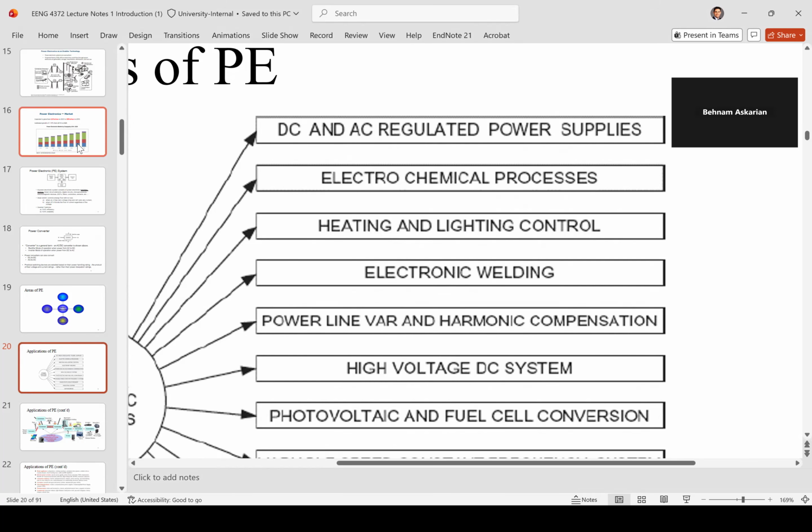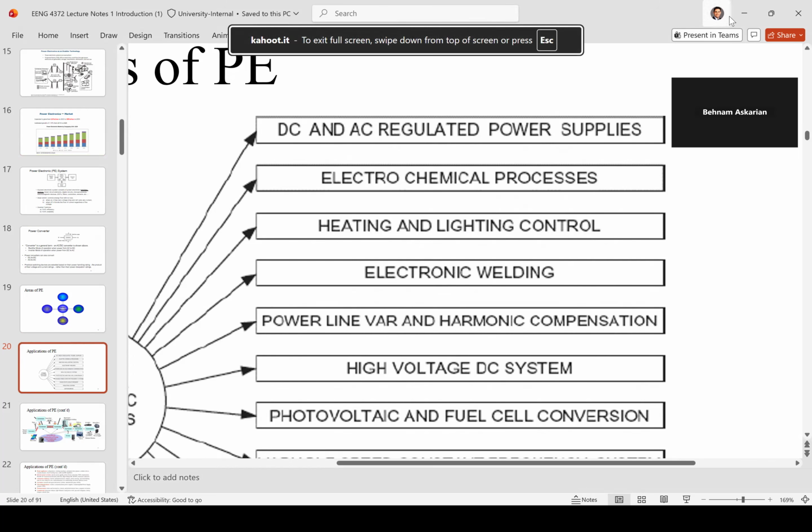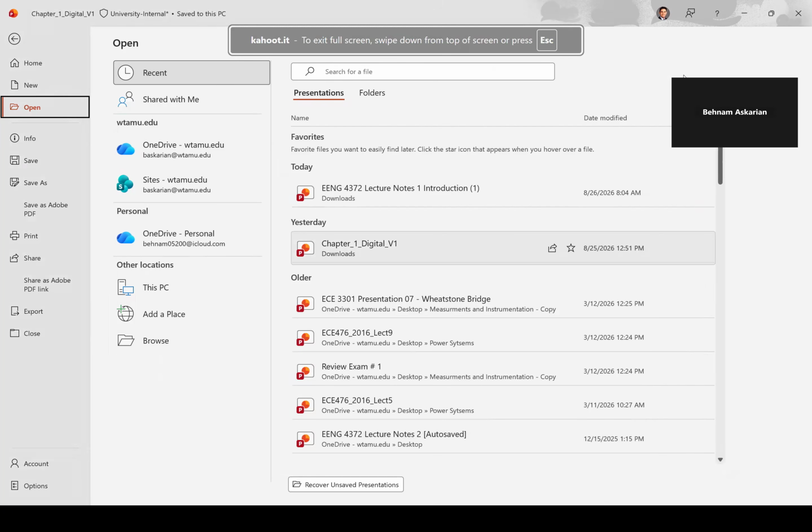So it's a selected DC voltage, and the copper molecules bond to it, and then you have these copper sheets. I don't know if you have ever seen copper processing.